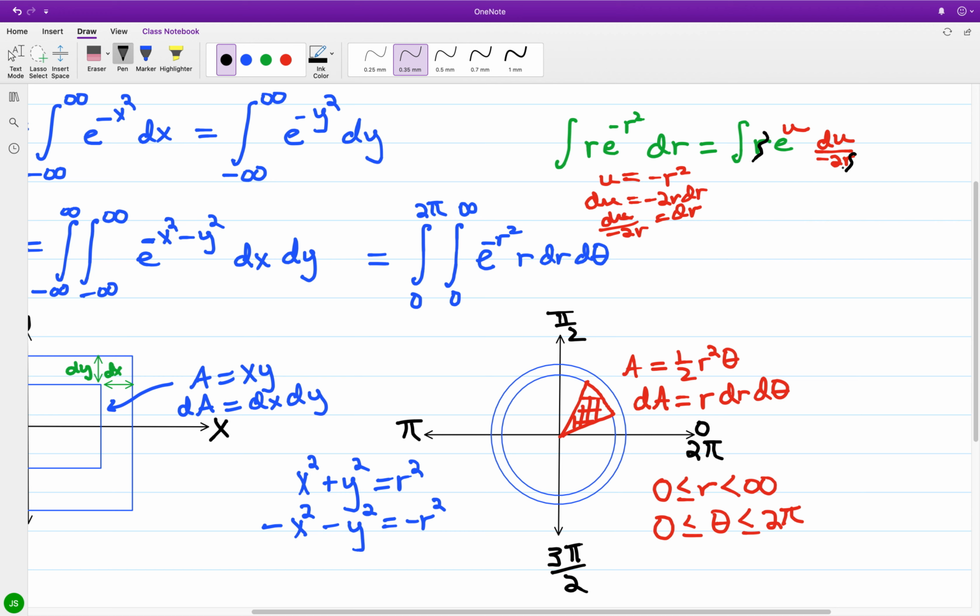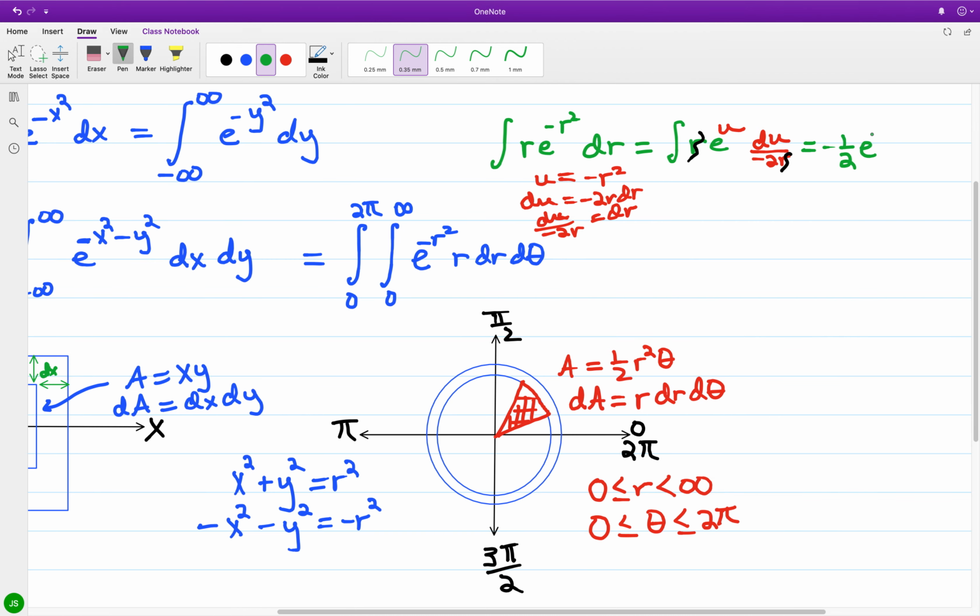The r's will cancel out, and that's going to be equal to negative 1/2 times e to the u. Once I back substitute, I have negative 1/2 of e to the negative r squared, followed by the constant.